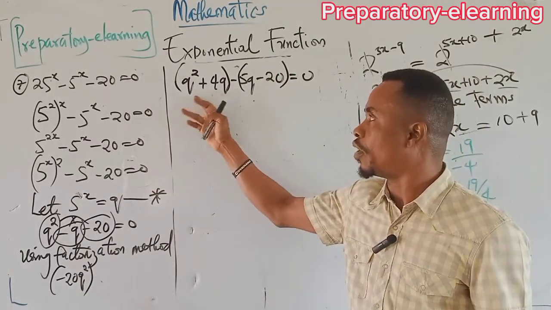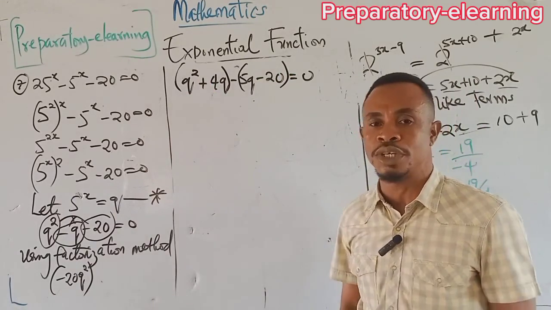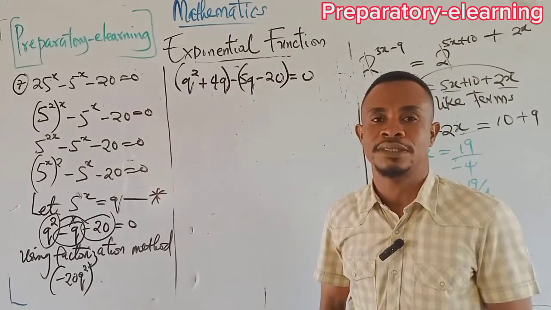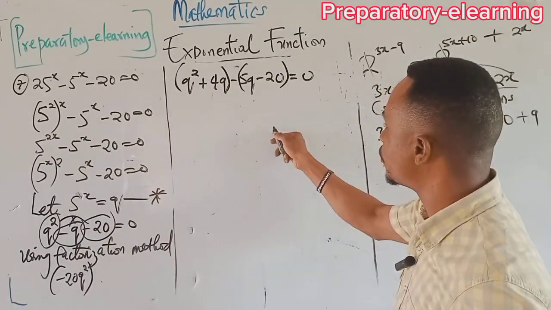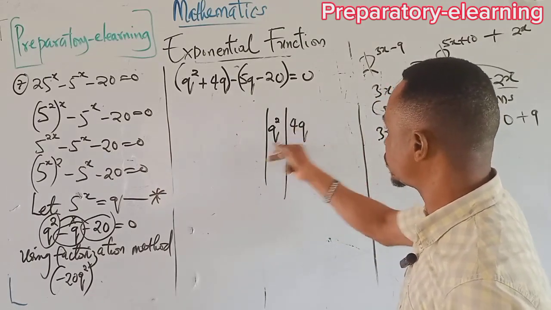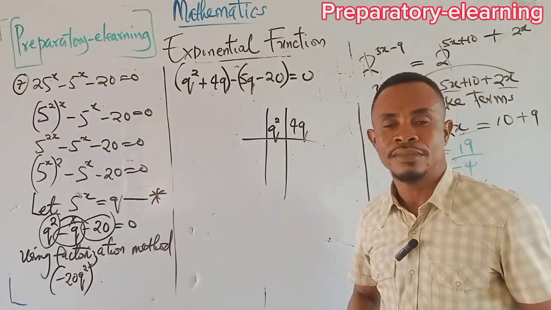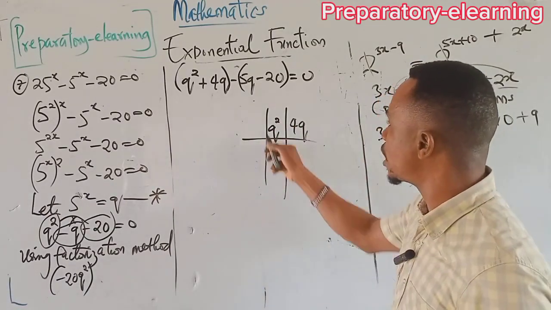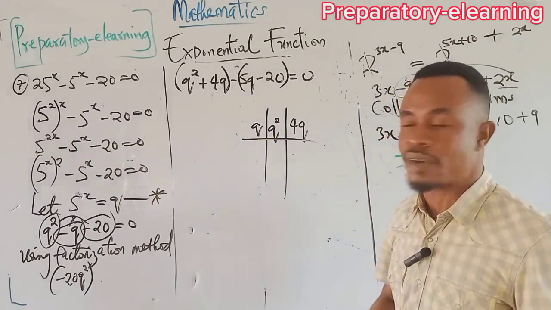So the HCF of q squared and 4q is what? How can we get that? See it here. We break it down. We have here q squared and 4q. What can go there? Q can go. Q is the highest common factor there.